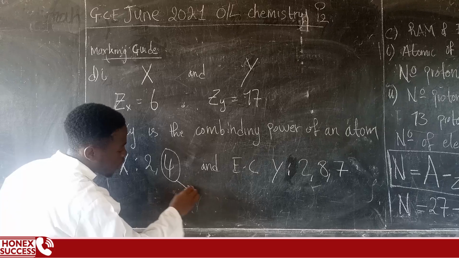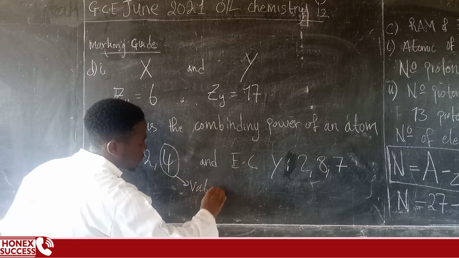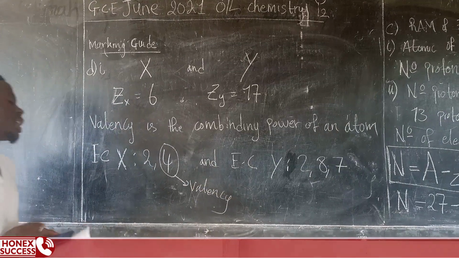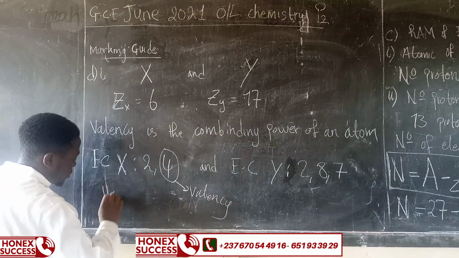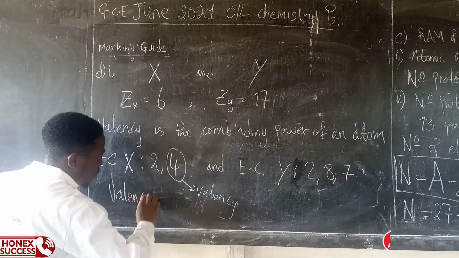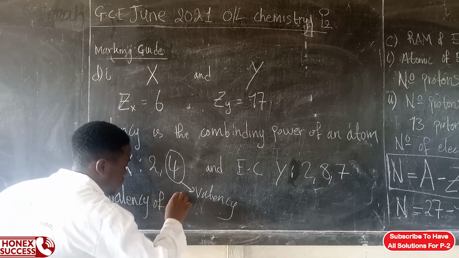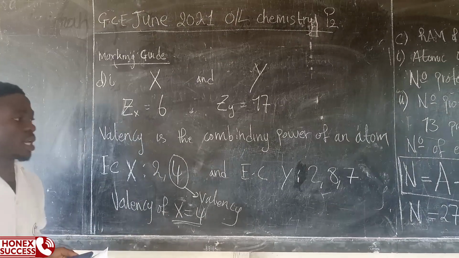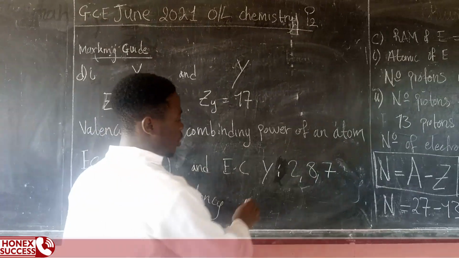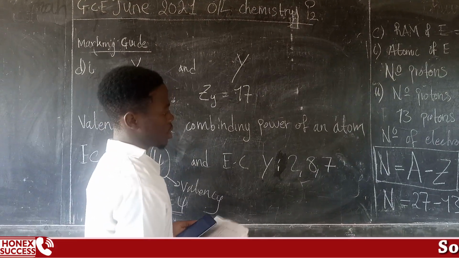So now, the number of electrons on the outermost shell will give us the valency of that atom. So the valency for X is 4.